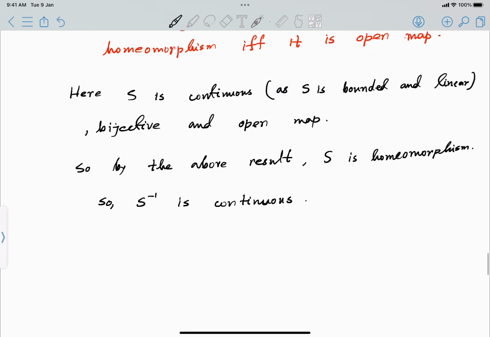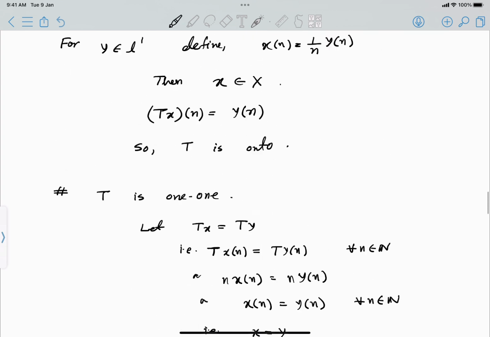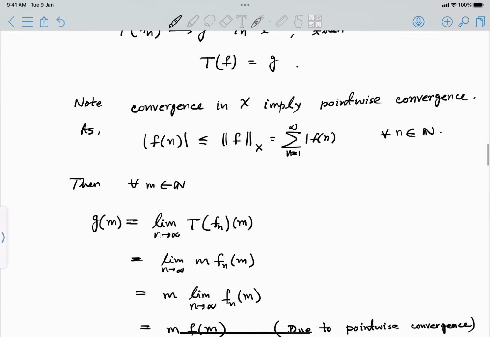Now what is S inverse? Therefore S inverse is T, which is a linear map, so T is continuous, which implies T is bounded. But we have shown that T is not a bounded operator. It's not bounded.